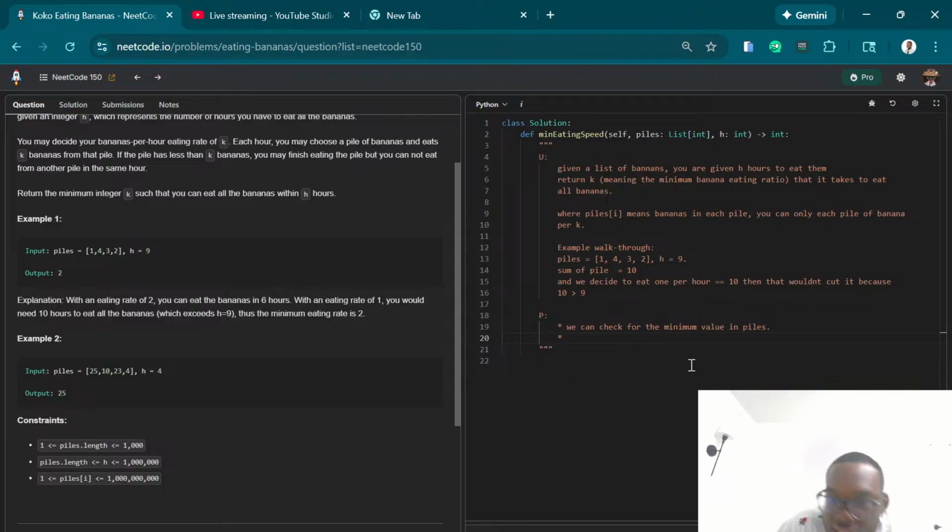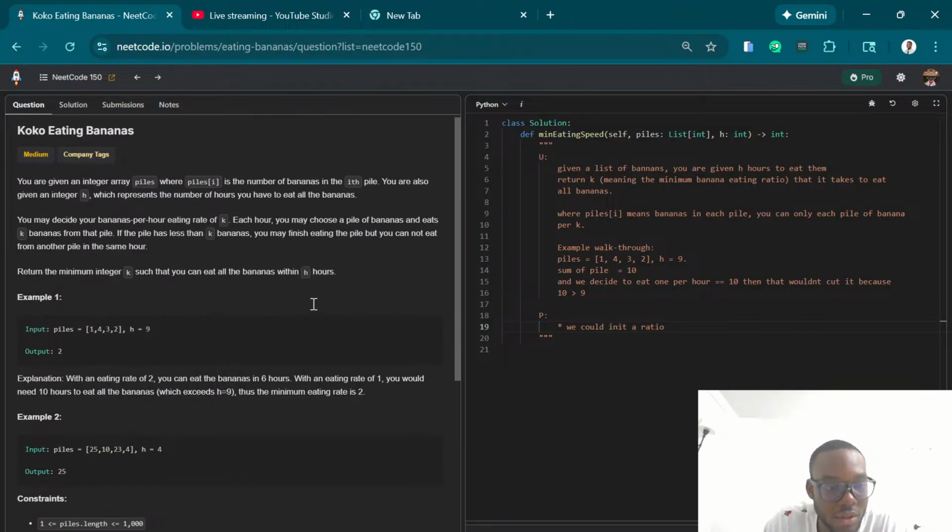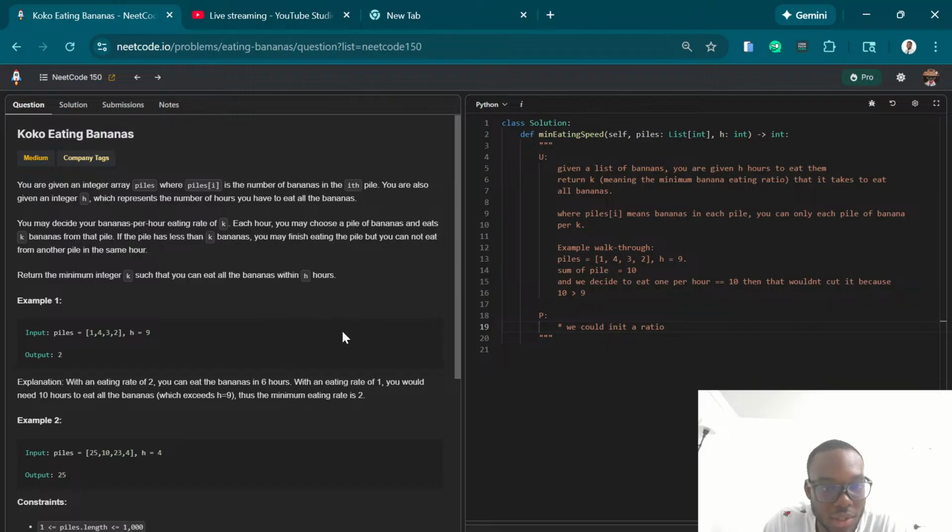So what we could do is we need a ratio, and it doesn't say we have to use a specific time complexity.